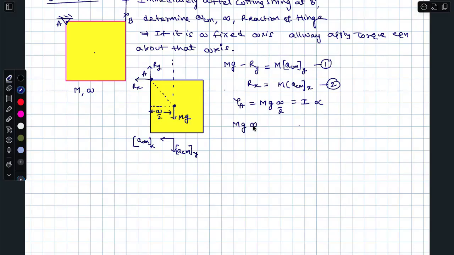mg a by 2 is equal to ma square by 3 plus ma square by 3, so 2 by 3 ma square alpha. Cancel a, cancel m. So alpha is 3g by 4a.